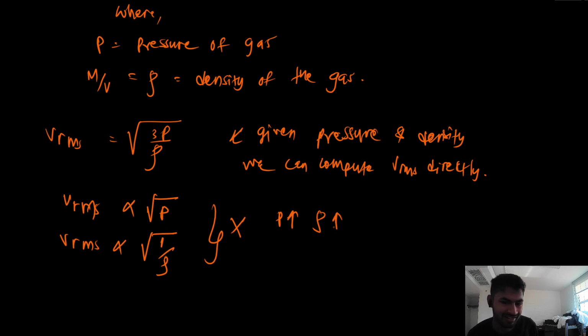So we can't assume that if pressure is given, density would be constant. It's not like that. If we change pressure, then density is dependent on pressure, and when both of those things are dependent on each other, then we have to take into consideration that we cannot just assume the proportionality symbol.